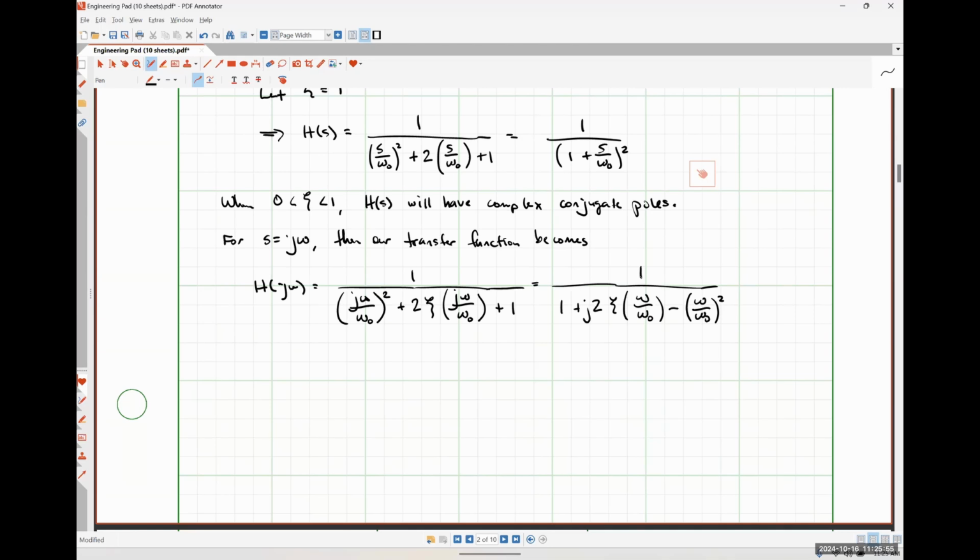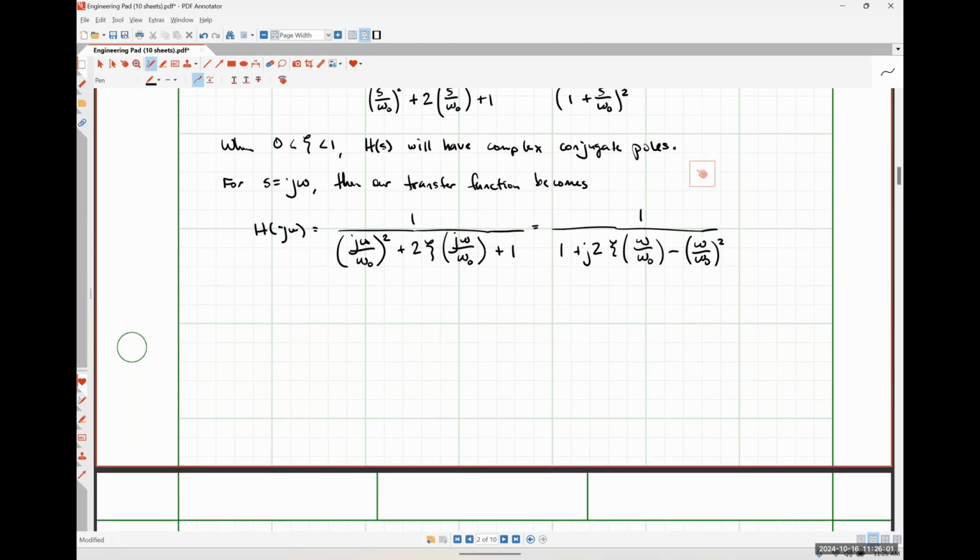So let's think about some things here really quickly. For frequencies well below our resonant frequency, what's happening?